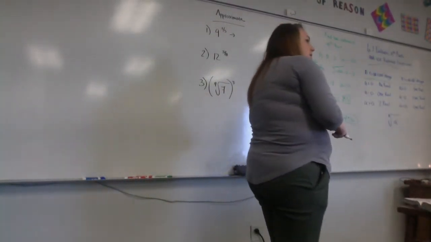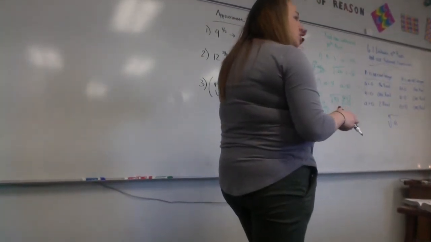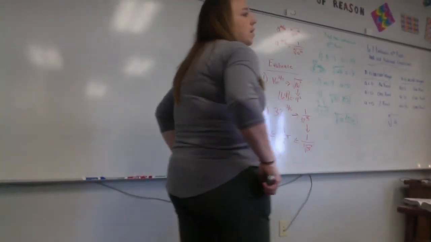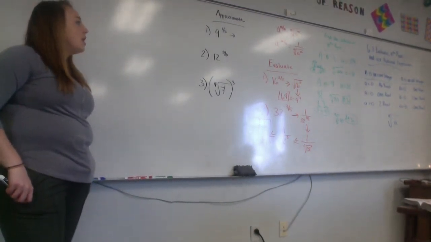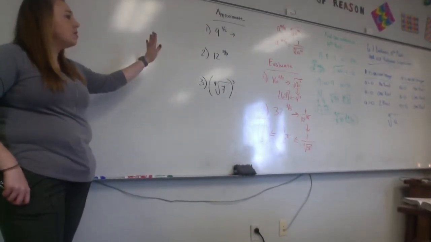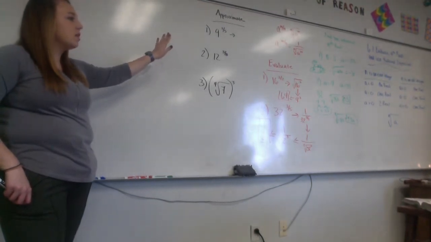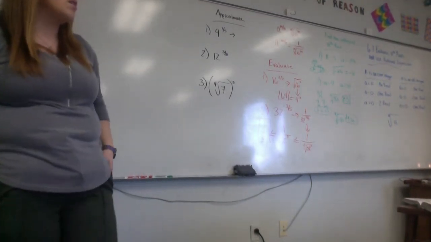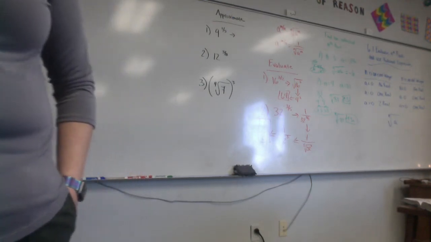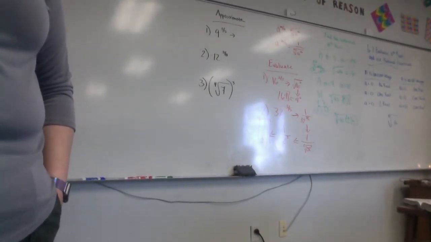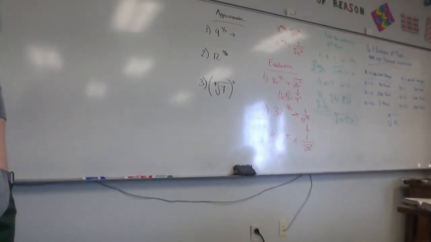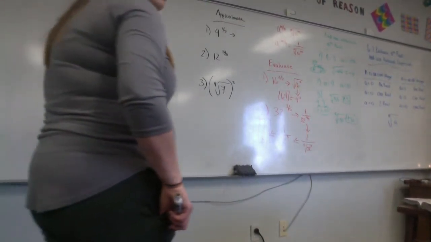How did you put this in your calculator, Drew? I clicked 9. Well, if it says approximate, I don't have to change it. I can just plug it into my calculator. How do you plug 9 to the 1/5 in your calculator? 9 caret 1. Okay, make sure you put parentheses. 9 caret parenthesis 1 divided by 5 parenthesis.